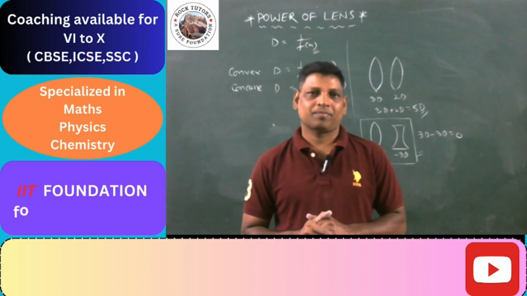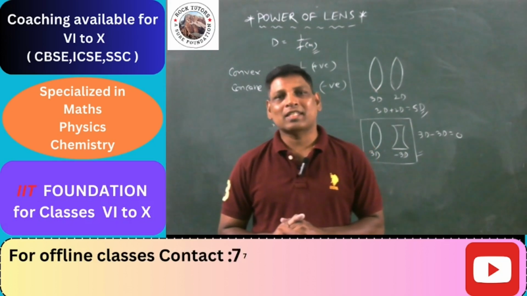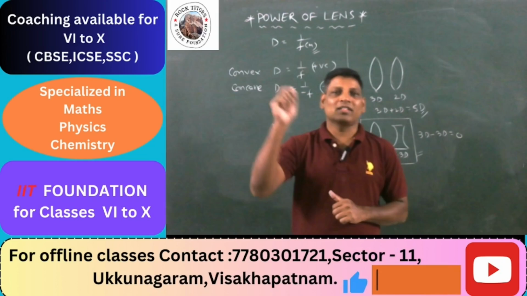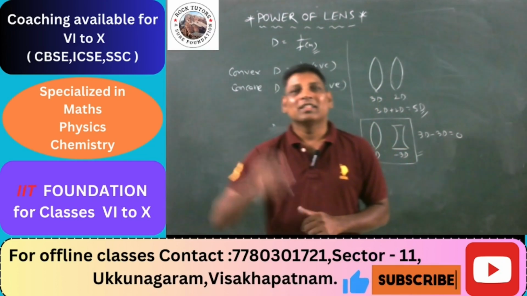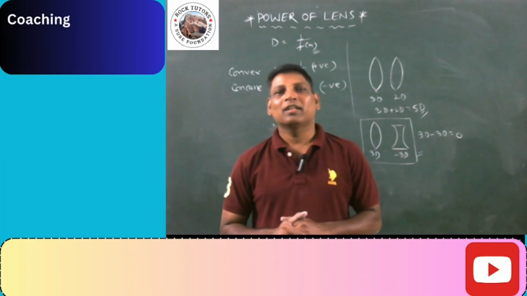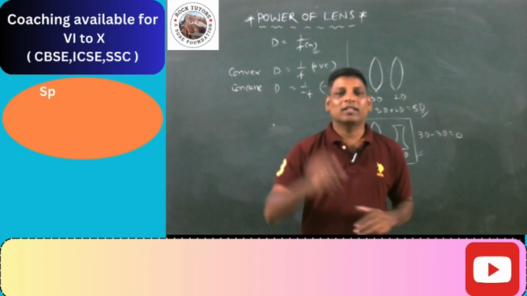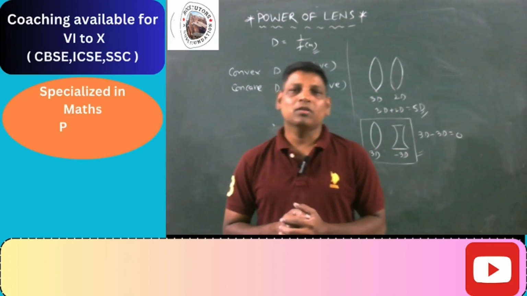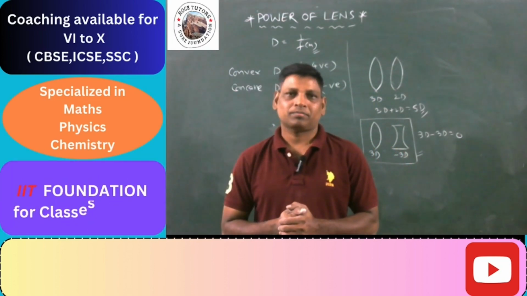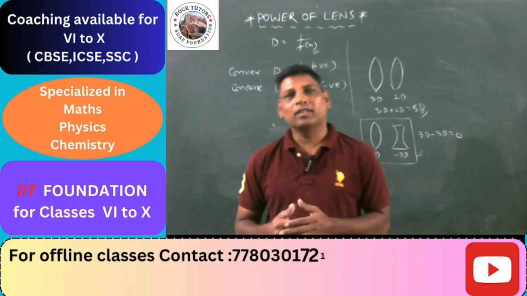We also discussed how the magnification changes. If m is greater than 1, the image is magnified. If m is less than 1, the image is diminished. If m is equal to 1, the image size is equal to the object size. These things we discussed in today's session.